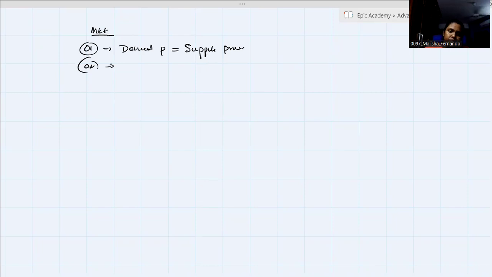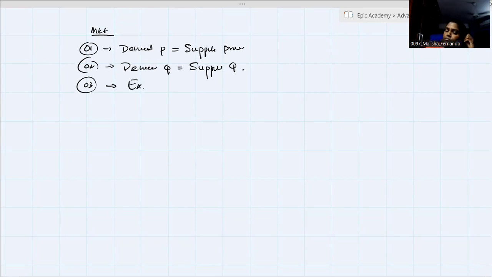And again, demand quantity equals the supply quantity. Okay. And again, in the equilibrium position, there is no excess demand.